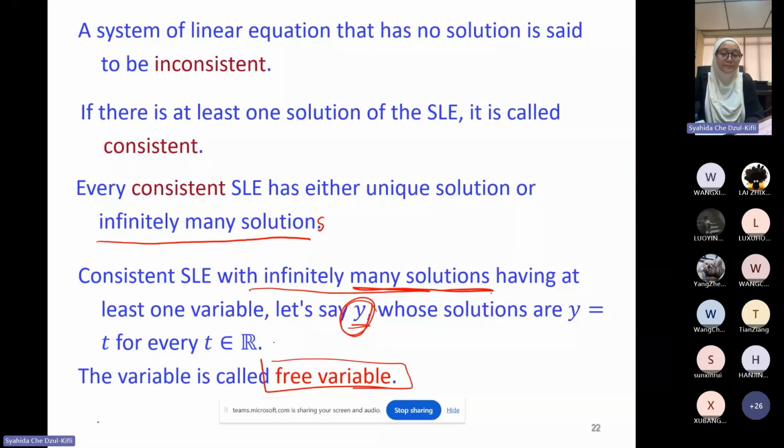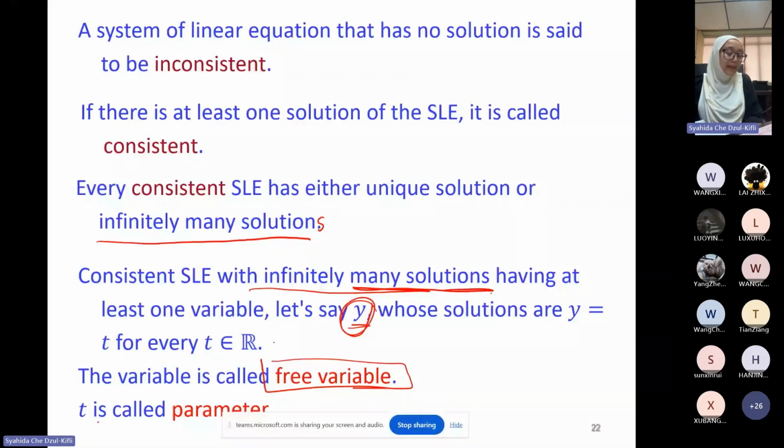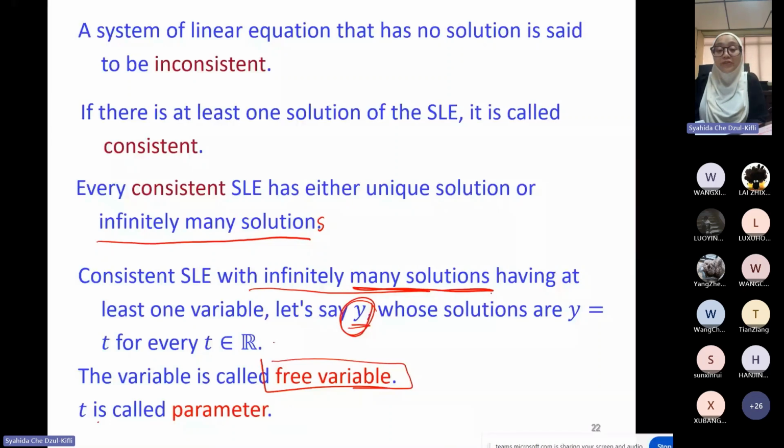Okay, is that clear? If it's not clear, you may ask me to repeat. So t is the parameter, and y, which corresponds to the parameter t, is called the free variable.